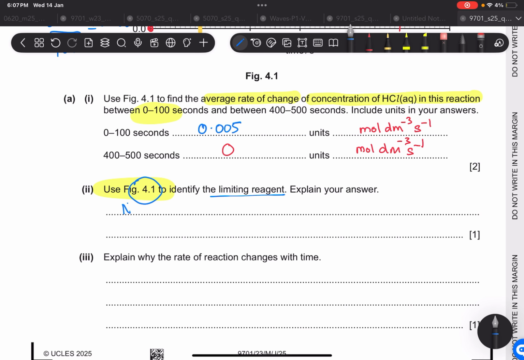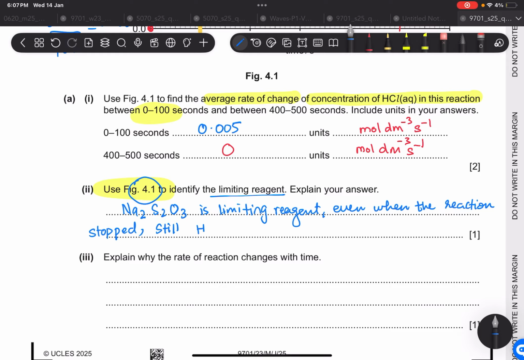So I'm going to write that Na2S2O3 is the limiting reagent, and the explanation I'm going to give is: even when the reaction stopped, or no reaction is happening, still HCl is left.